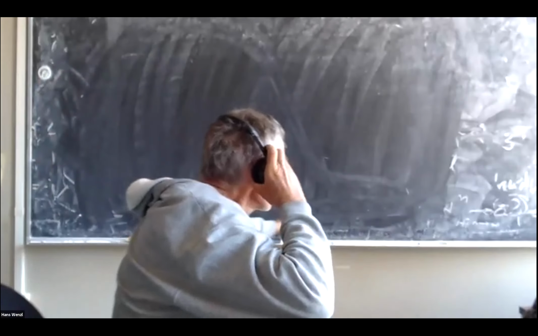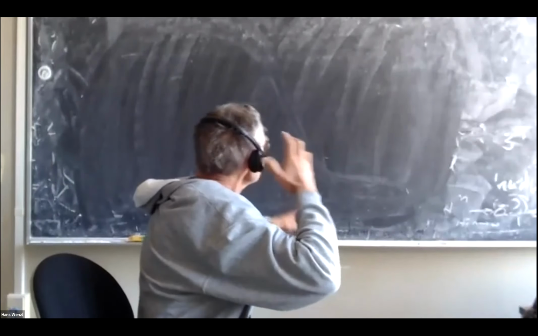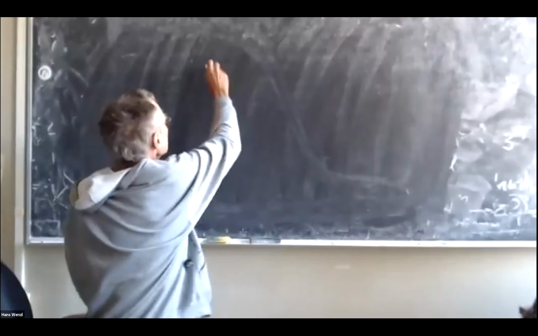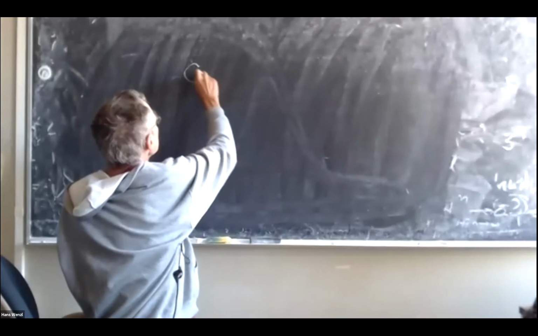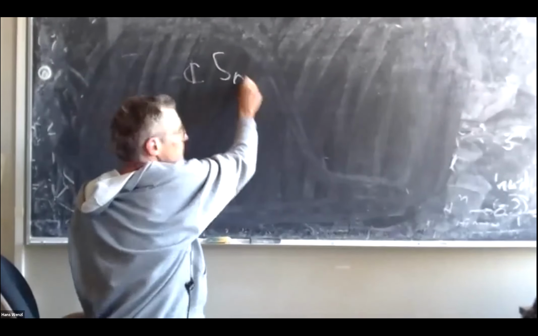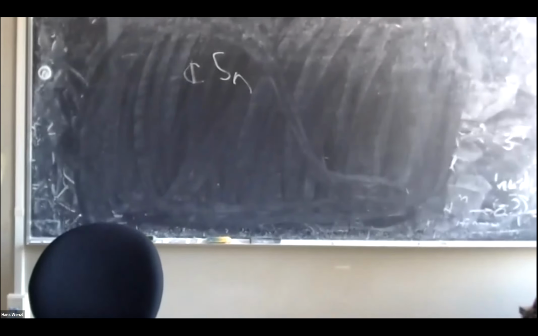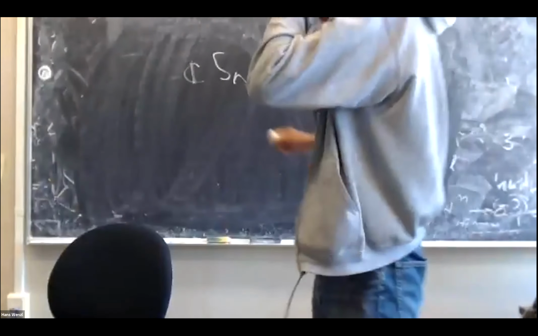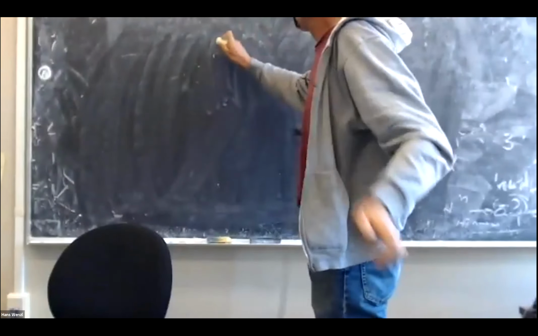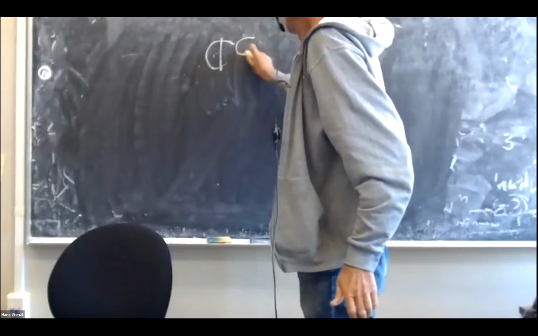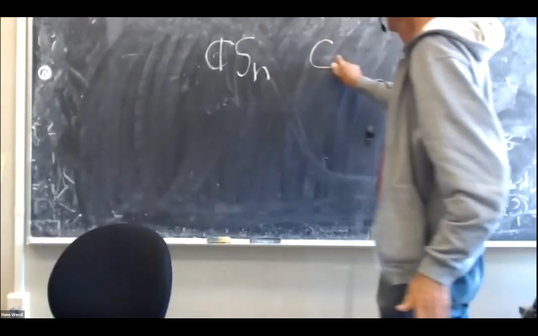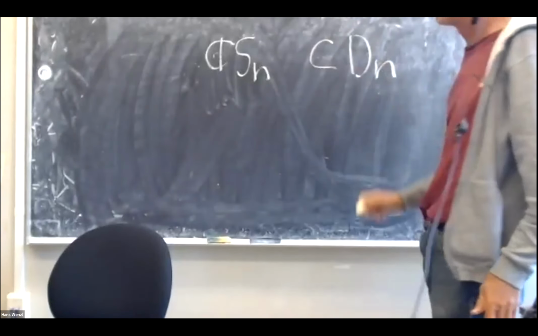So the Q deformation is the following. Here we look at CS_n. Let me turn on the light. The classical situation is we have CS_n inside the Brouwer algebra D_n.